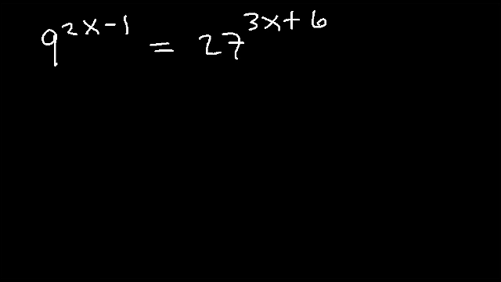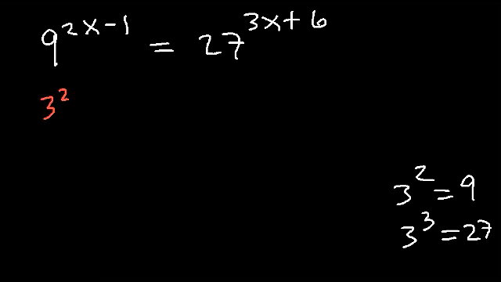Now it's your turn. Try this example. So what is the common base of 9 and 27? It turns out that 3 squared is 9, and 3 to the third power is 27. So let's replace 9 with 3 squared and 27 with 3 to the third.